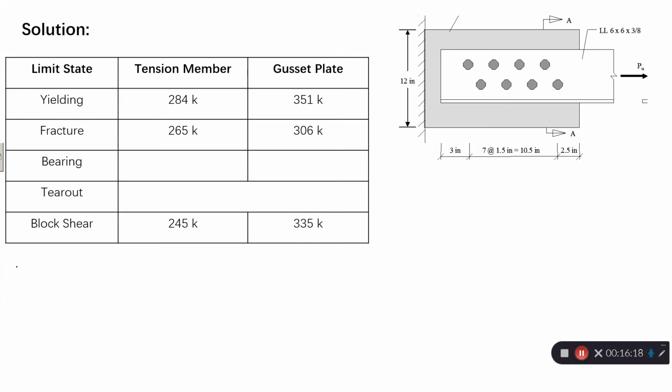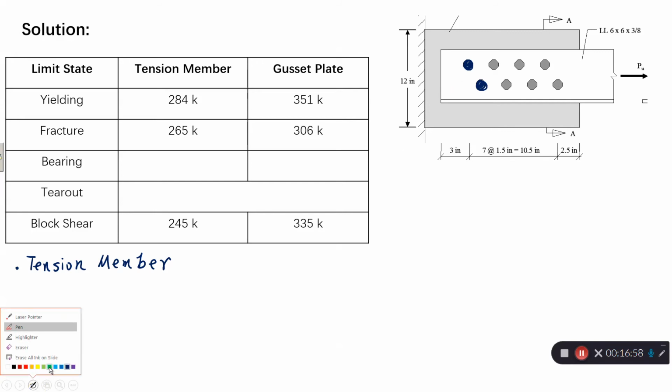First of all, let's look at the tension member. So when P is pulled this way, this is our exterior bolt. We have two exterior bolts, but since it is a staggered pattern, the two exterior bolts will have different LC.